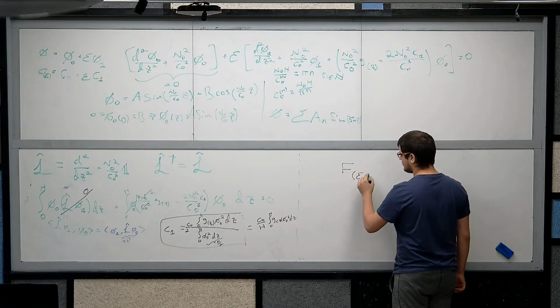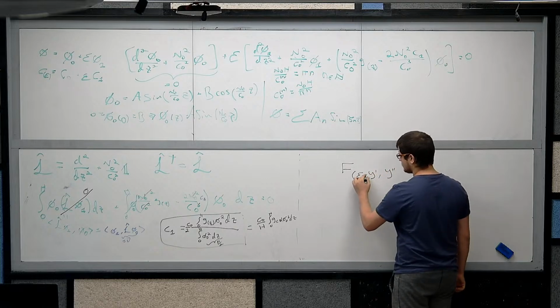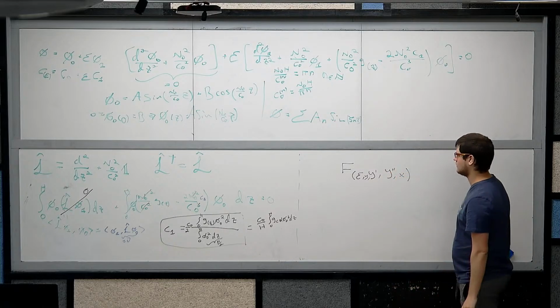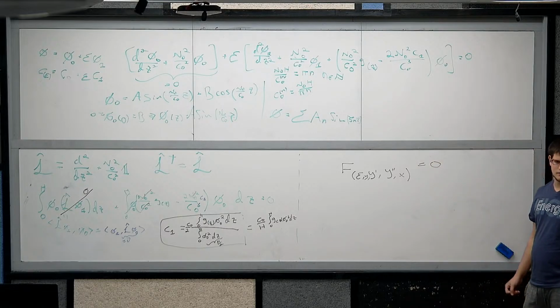It includes epsilon, y prime, y double prime, and actually y. That is the general expression of the ODE, right? But epsilon should be in the coefficient of the highest order derivative.